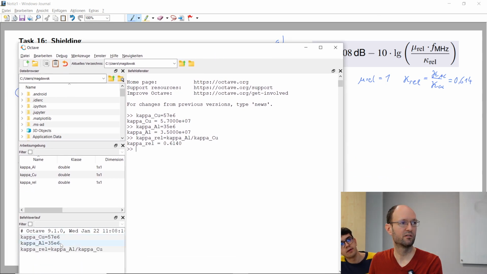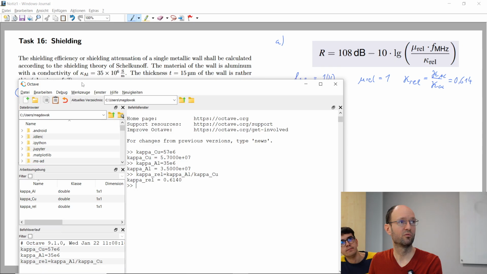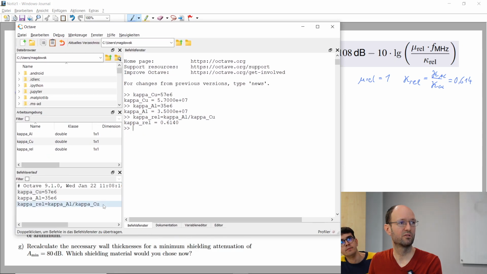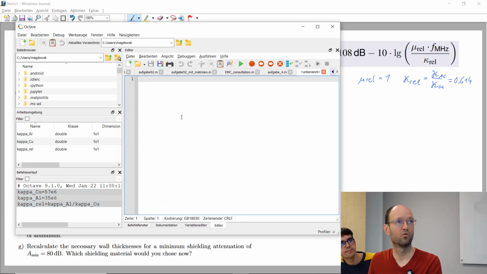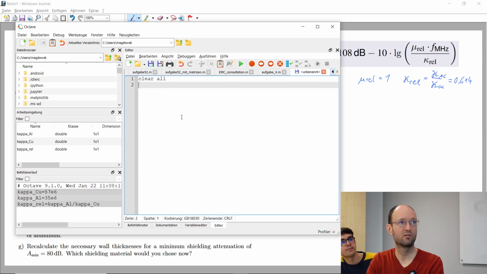Then we can insert all this stuff into our equation. Because we want to rerun this several times, it would be a better idea not to do everything on the command line, but to open up a script in my editor and say at the beginning clear all.